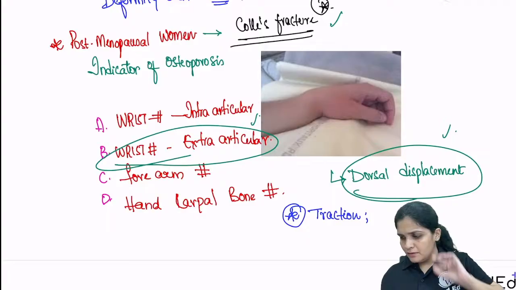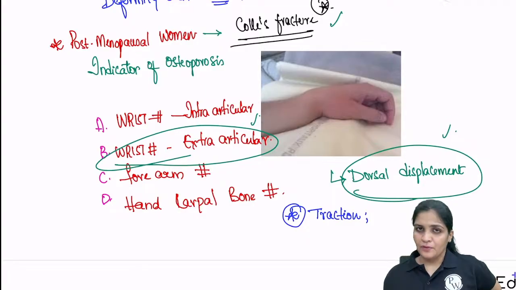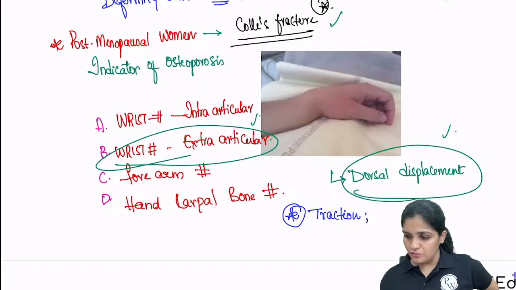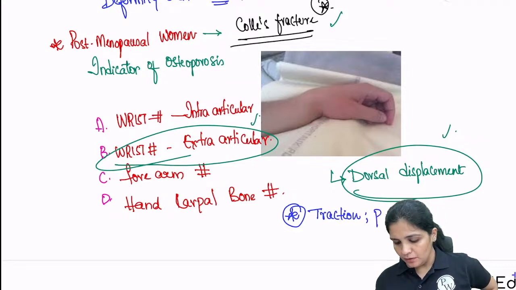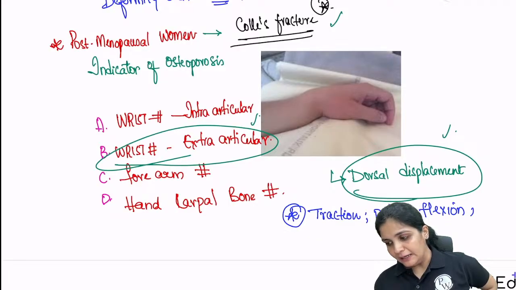Pronation, then hand pronation you do, then you go for palmar flexion, and then ulnar deviation.